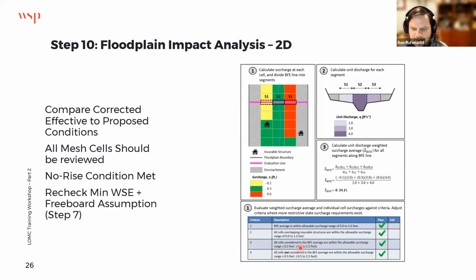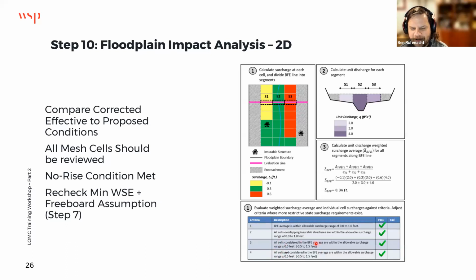In our case, this is for floodway analysis. In our no rise analysis, it needs to be just plus or minus half a foot. And all cells not considered in the BFE average are within the allowable surcharge.